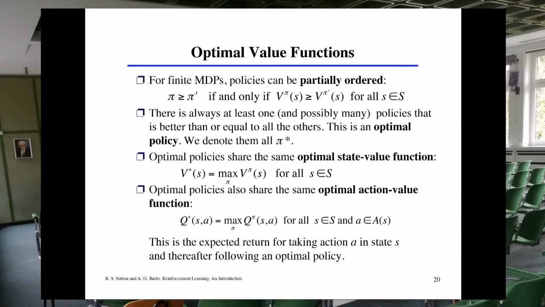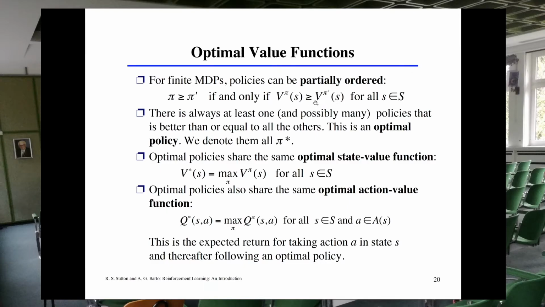Let's talk now about optimal value functions. For finite MDPs, finite Markov decision processes, policies can be partially ordered. By partially ordered, we mean that, for example, policy pi is larger or equal to policy pi prime if and only if the values for all the states S following policy pi are larger or equal to the values of the same state S while following policy pi prime.